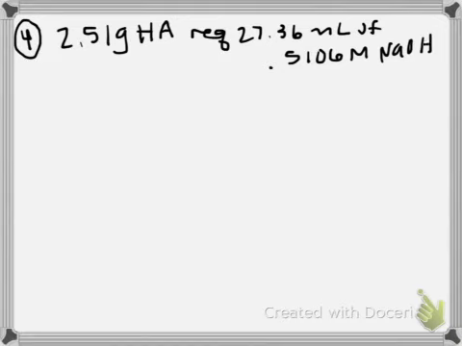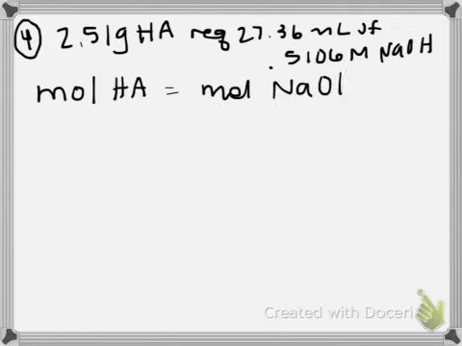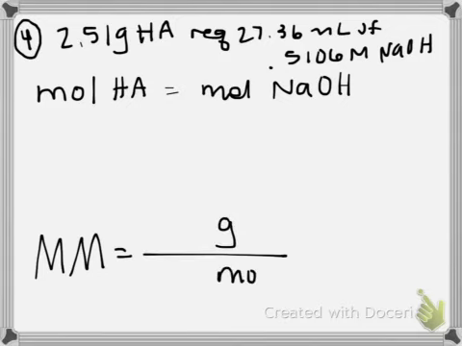So what we know is that at this point the moles of HA equals the moles of NaOH. So if we want to solve for the molar mass, which is our first goal, molar mass is grams per mole. So if we want the molar mass of the HA, we just want to plug in the number of grams of HA, which was 2.51, divided by however many moles that is.